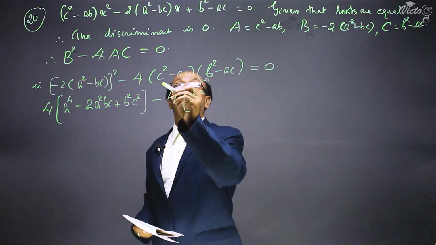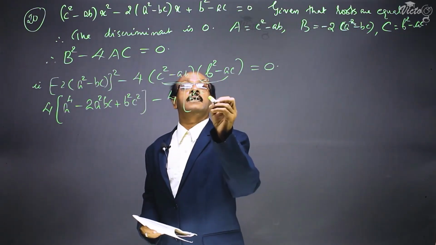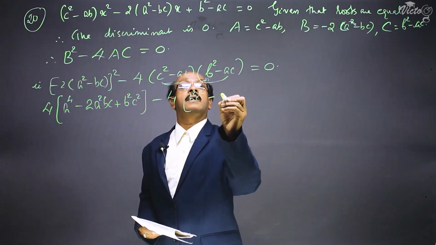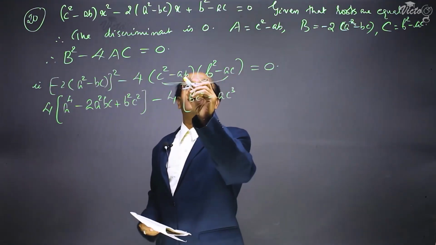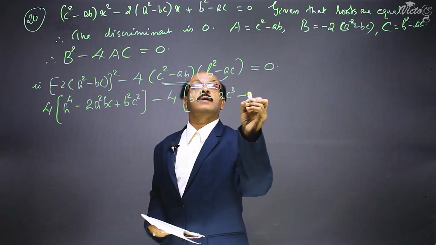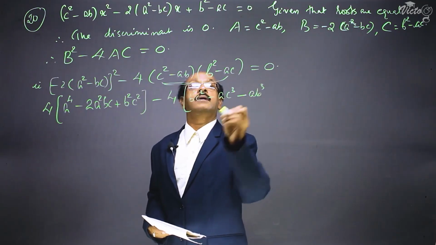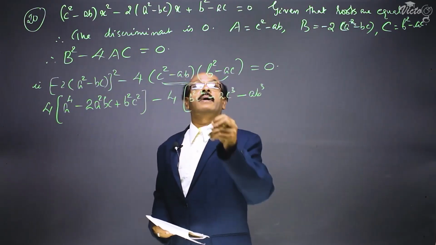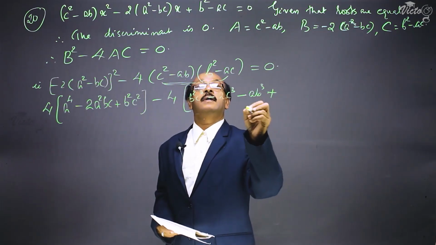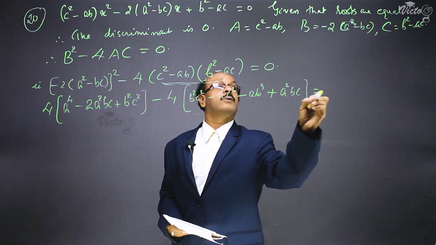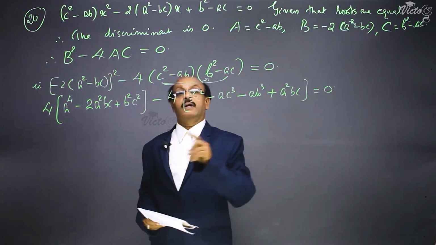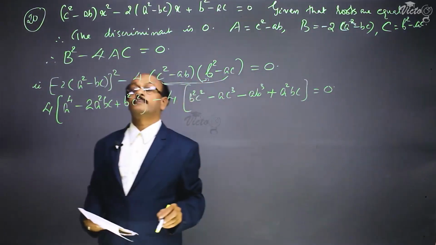Now c square into ac, that is minus ac cube, then minus ab into b square, which is minus ab cube, minus ab into minus ac, which is plus a square bc, is equal to 0.